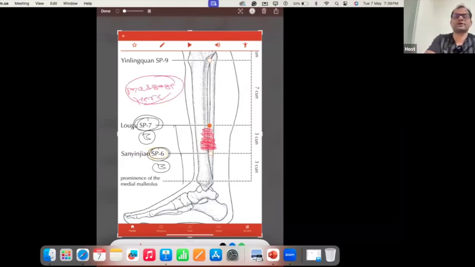If the person is having neck pain with arm pain, गर्दन में दर्द है, लेकिन arm में भी है, right? And there is a very special point, just 1 chun up from spleen 6. हमारे spleen 6 से ठीक 1 chun ऊपर एक point होता है.